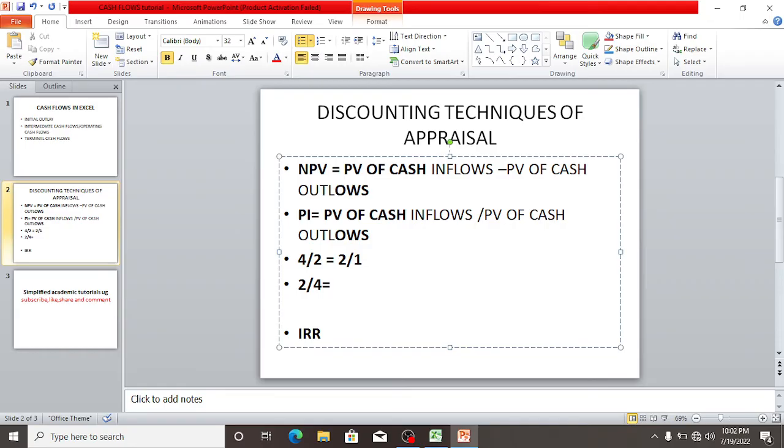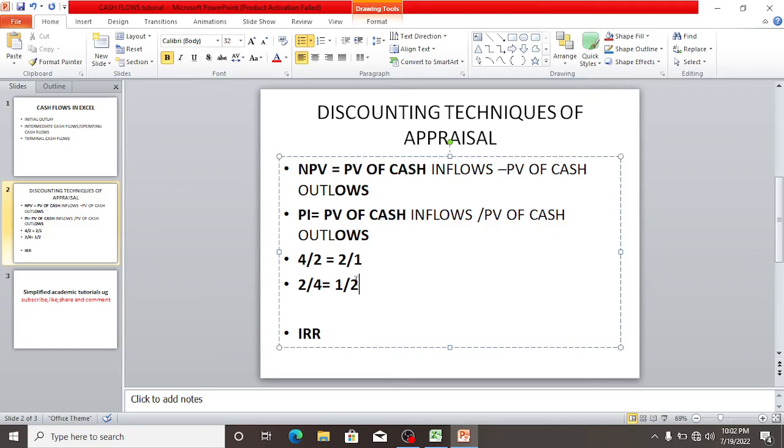It means that cash outflows are greater than cash inflows. Here we reject the project. Or else, if the ratio is greater than 1, the cash inflows exceed cash outflows, and here we accept the project. Hope everything is clear.